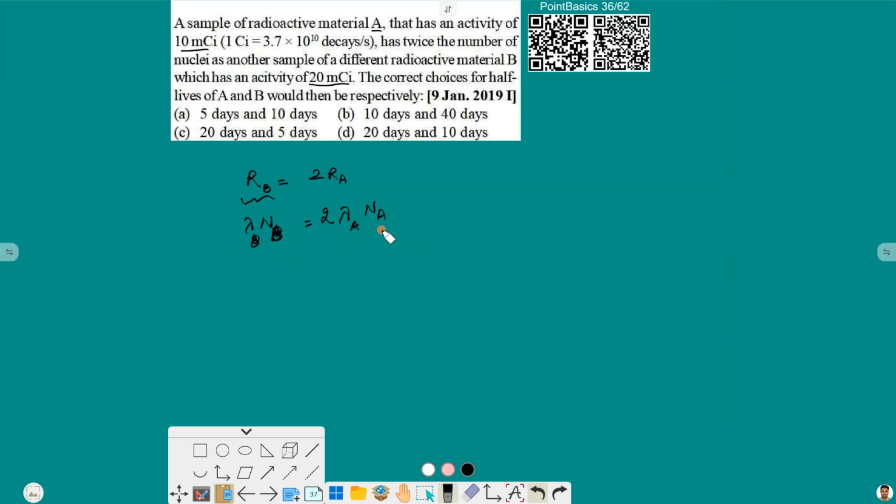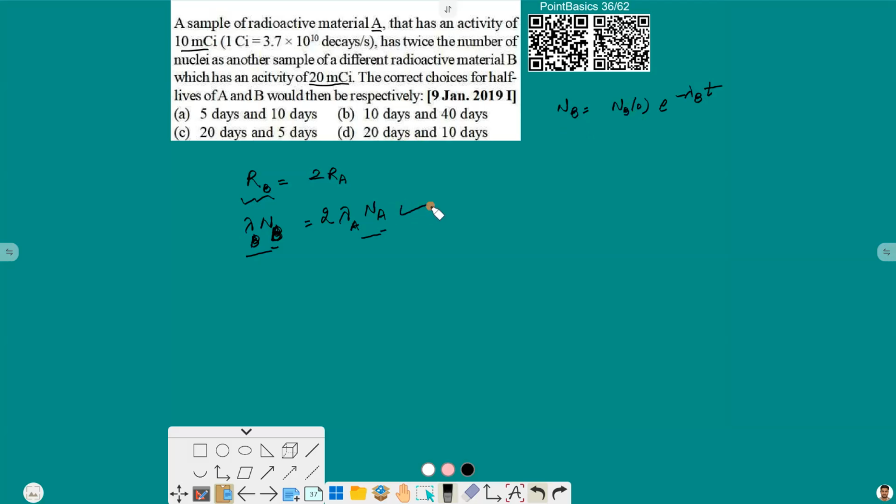Now you have to keep in mind here that this NA and NB are the number of nuclei at that particular time, meaning they are changing and they follow this equation, that NB will be equal to NB node, that is the original number, into e raised to power minus lambda B t. But as we are doing this calculation at time t equal to 0, meaning at the starting, NB is equal to NB node.